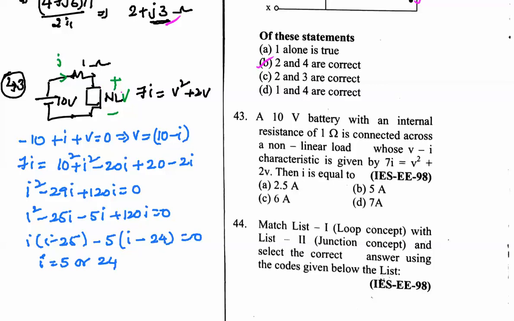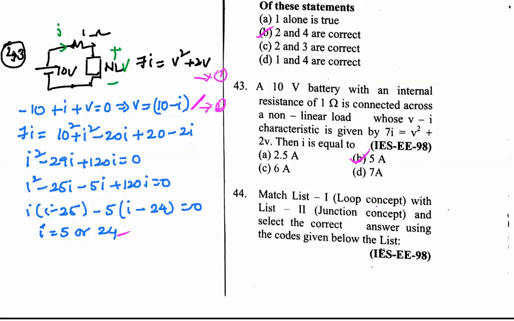The voltage across the non-linear load is V, and the relationship is 7I is equal to V square plus 2V. By writing the KVL, minus 10 plus 1 into I plus V is equal to 0. So from this we will get the V value. Name it as equation number 1 and this equation number 2. So from 1 and 2 you will get the answer as 5 amperes. The options that we are having include 5 amperes only.